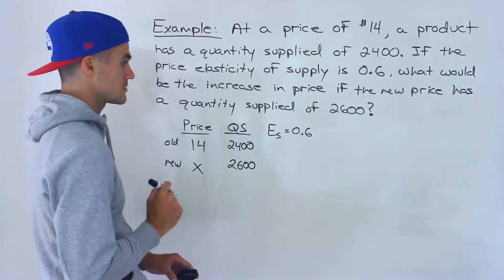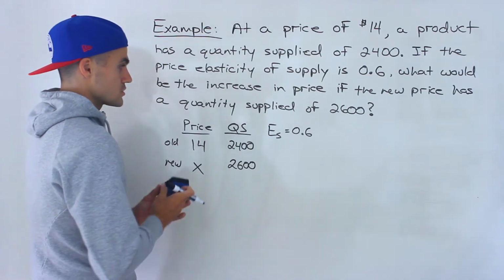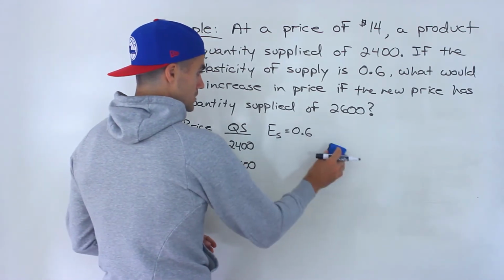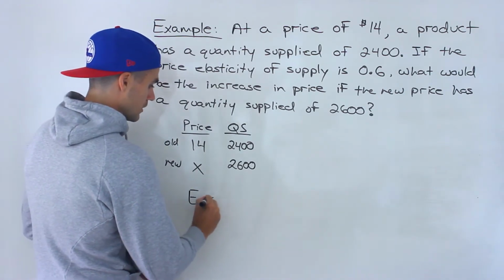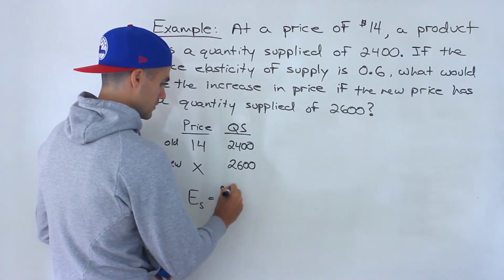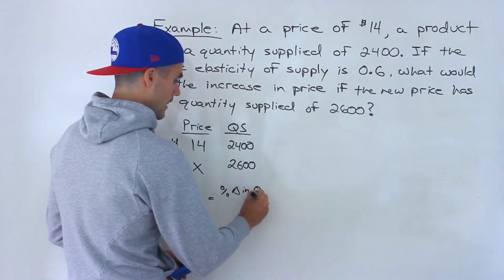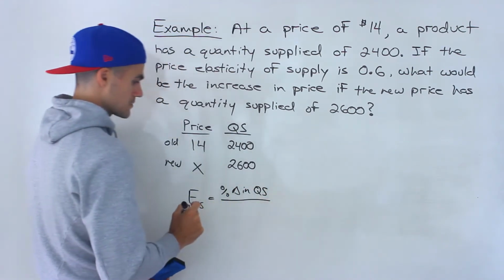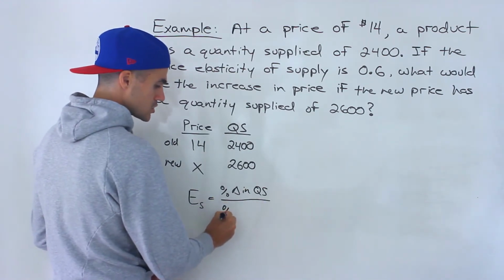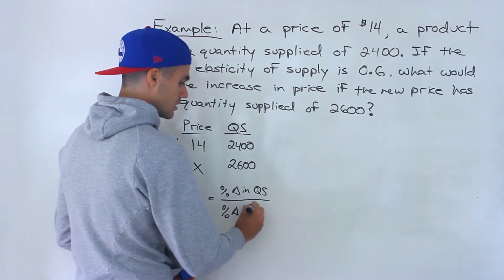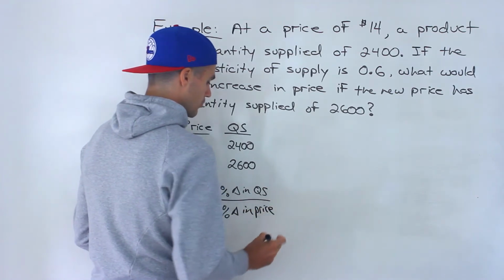So to do this, what I'm going to do is first write out the formula for the price elasticity of supply coefficient, which is the percentage change in quantity supplied over the percentage change in price.